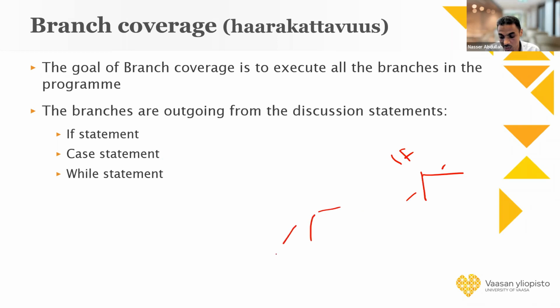Maybe we have more, and also the while statement. So we have these three. Any branch or any statement of this kind in your code means you have a branch, and then you have to cover these two branches, yes or no. Most of the time it's two branches in each one.